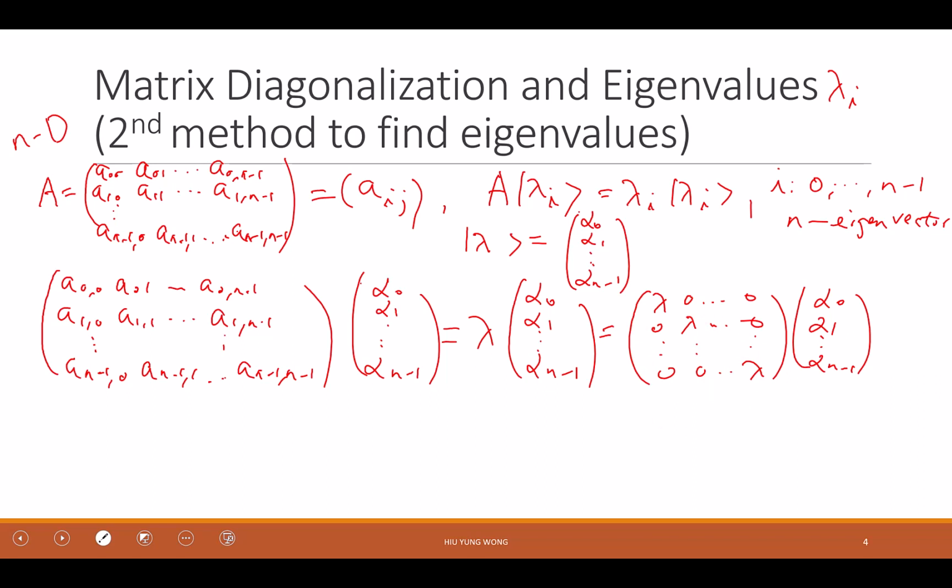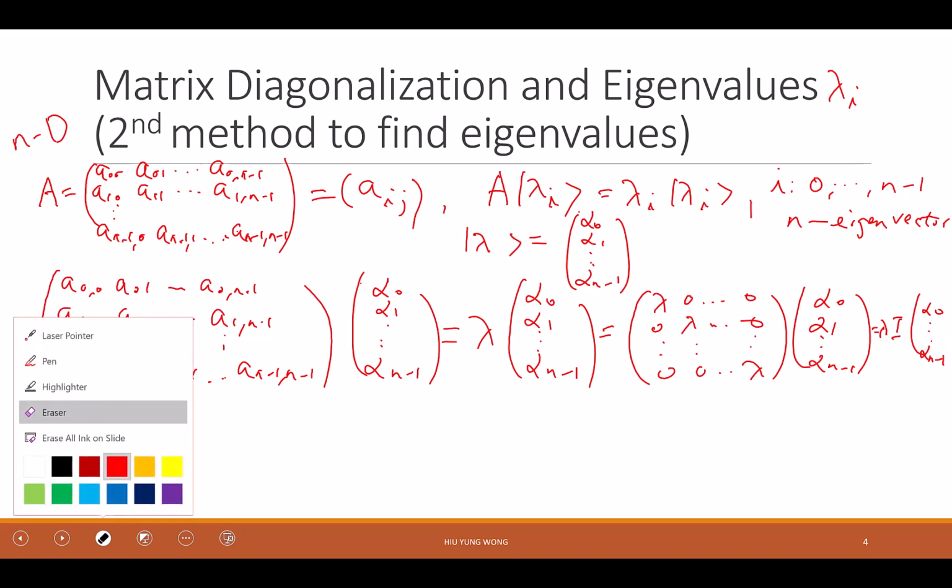Okay. The reason I want to do this is that this is nothing but equal to lambda times I times alpha 0 all the way to alpha n minus 1. Do you understand what I'm talking about here? What is I?